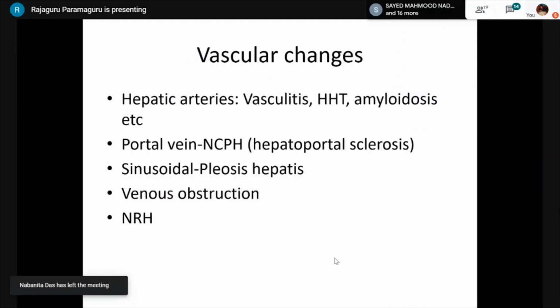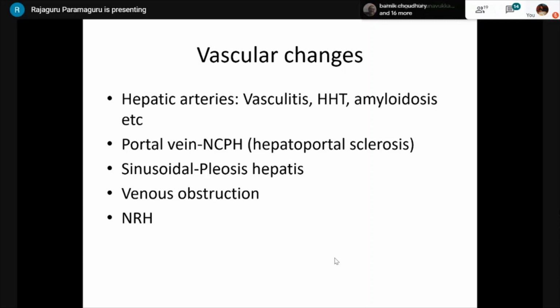So next we'll move on to the vascular changes which happen. This I'm not going to discuss in detail, but for hepatic arteries there can be vasculitis, hereditary hemorrhagic telangiectasia, amyloidosis. In the portal vein, non-cirrhotic portal hypertension, that is non-cirrhotic portal fibrosis, where there can be a dilatation of the portal vein that can herniate into the parenchyma.